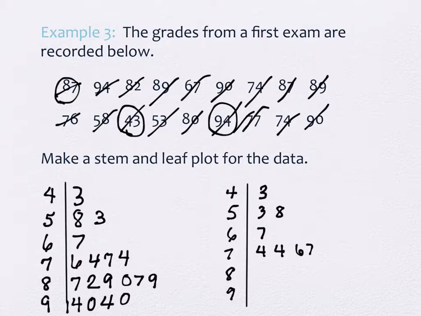The 80 row, I have a 0, 2, 7, 7, 9, 9. And then I've got 0, 0, 4, 4 on the 90s. Okay. So this is my answer here on the right.